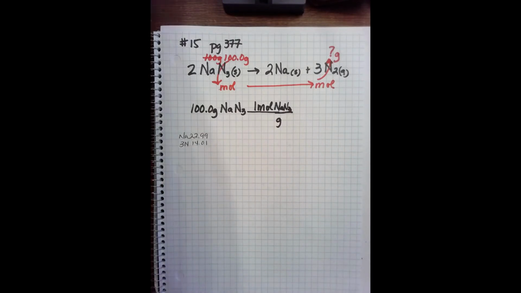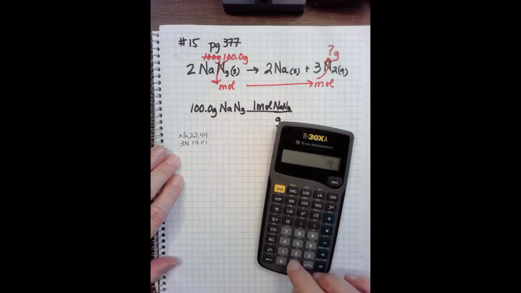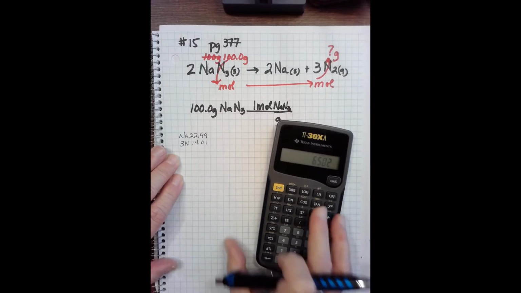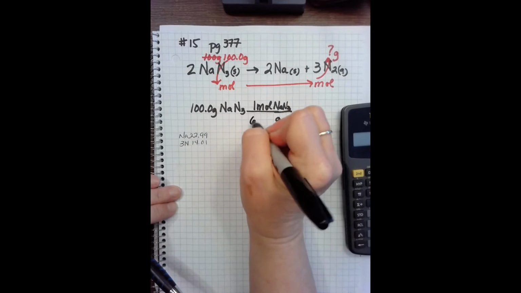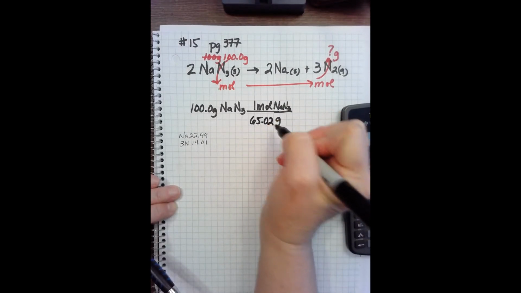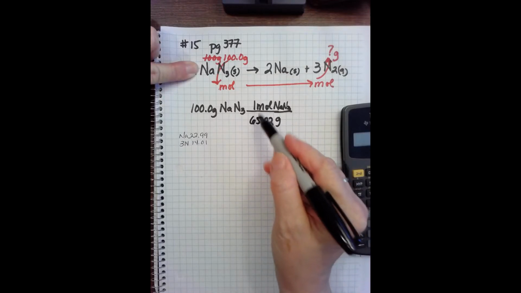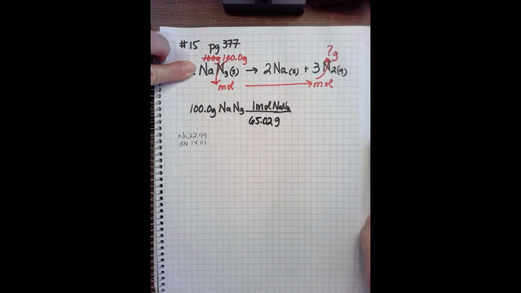So the sodium azide is 14.01 times 3 plus 22.99 equals 65.02 grams. Notice it's not 2 moles, it's 1 mole. This is from the periodic table, right? Just like we did before in our last chapter.